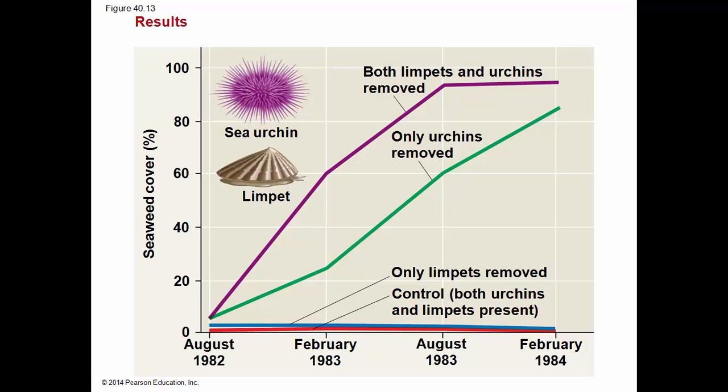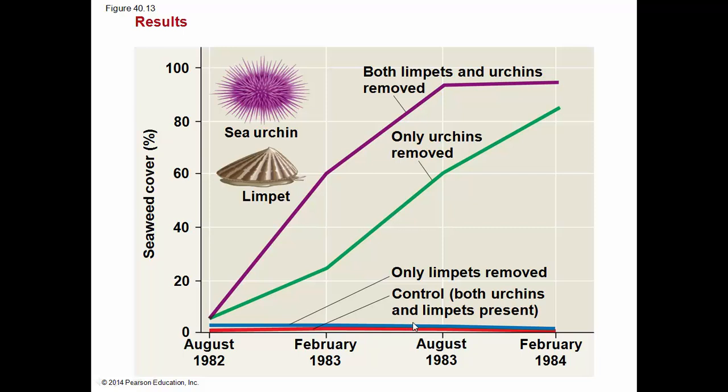So this is what happened: almost no seaweed grew in areas where there were both urchins and limpets present, and where only limpets were removed. So you remove limpets and allow the sea urchins to continue, and these lines are showing the amount of seaweed that's present.